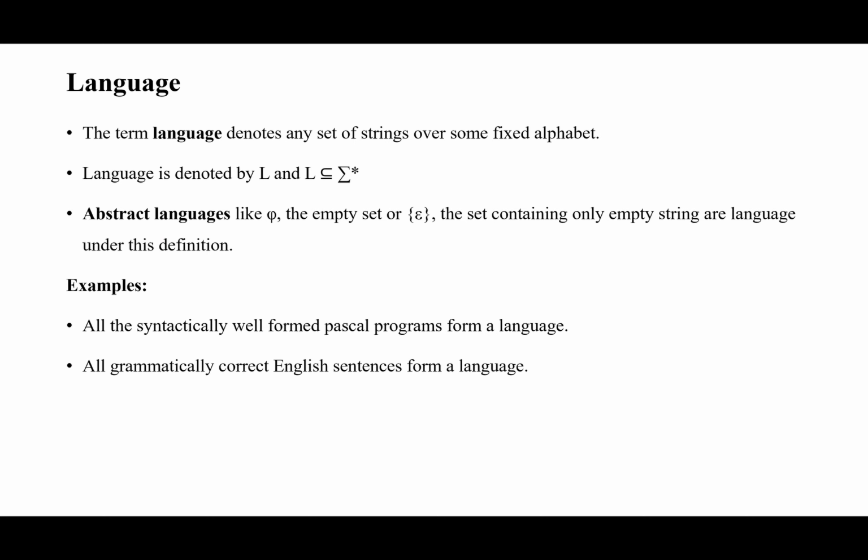Generally we denote L is a subset of sigma star. Then the empty set, or the set containing only the empty string, is also a language under this definition. For example, all syntactically well formed Pascal programs form a language, or grammatically correct English sentences form a language.